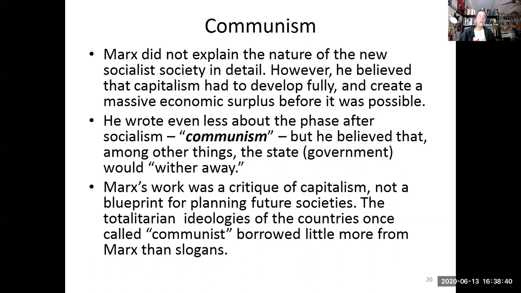He did not write much about socialism, and even less about communism, except that he believed that the state, the government, would just disappear. There'd be no need for it. There would be no division of labor. His view of communism was of a utopia where one could do what one wanted to do, exercise one's creative potential. You did not have to work at any particular job.